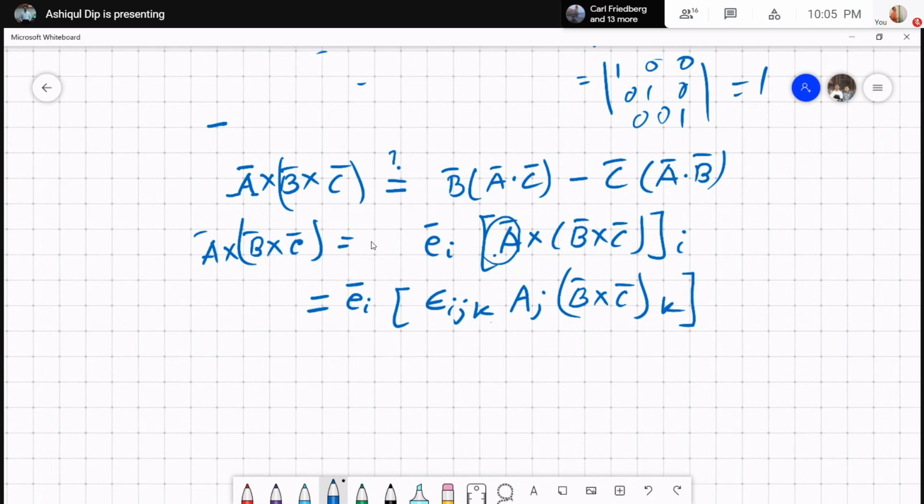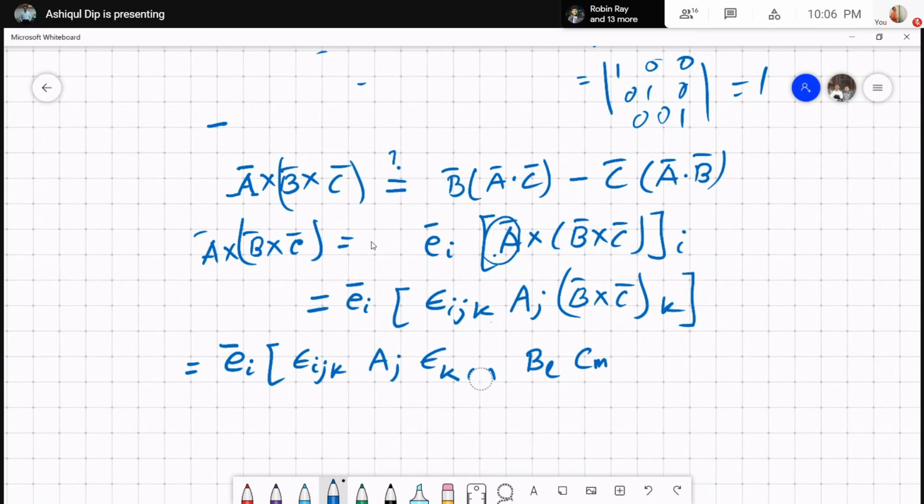So we can write e_i, then epsilon ijk a_j. What is the kth component of B cross C? Epsilon klm b_l c_m. Actually, I do not want to write it as klm.